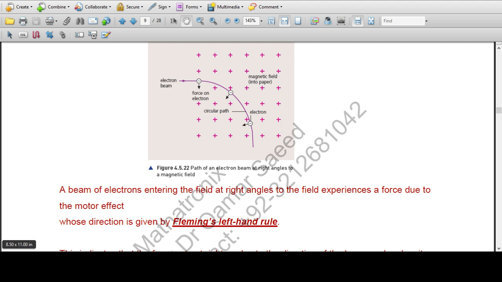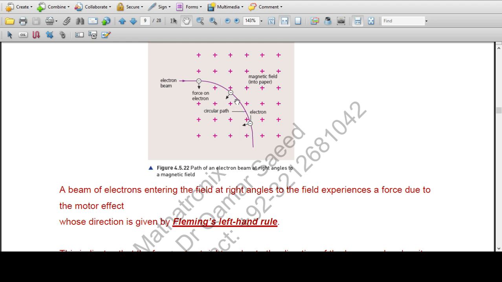Because of Fleming's left hand rule, this force will act downward, and with the increasing magnetic field strength, this force will increase.